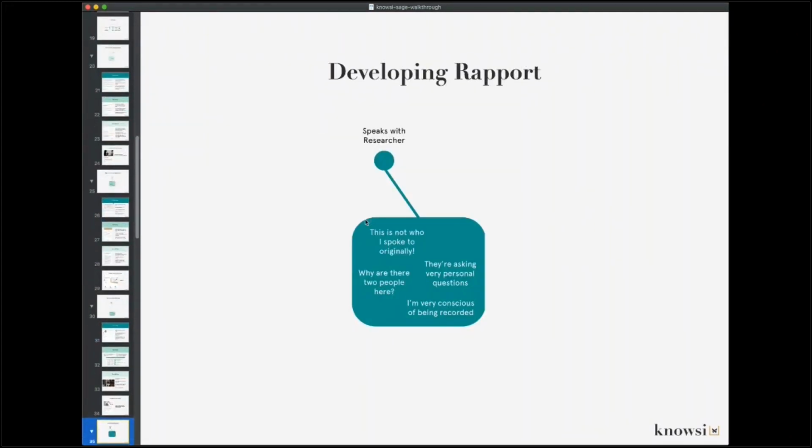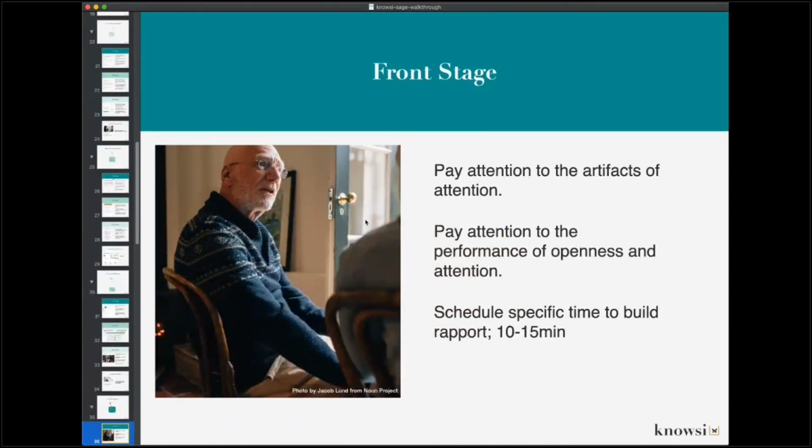And then finally, actually developing a rapport. This really comes down to good interview techniques. So pay attention to the different artifacts of attention. This is speaking face to face, making sure there's a physicality to your presence and to your attention.